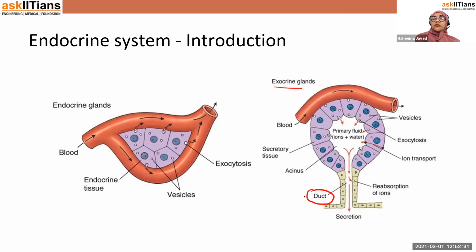This is the duct you can see, and the secretion is coming out from the duct, and this is the gland where the synthesis of the secretion is going on. Such glands are known as exocrine glands. Examples are sweat, oil, and salivary glands.